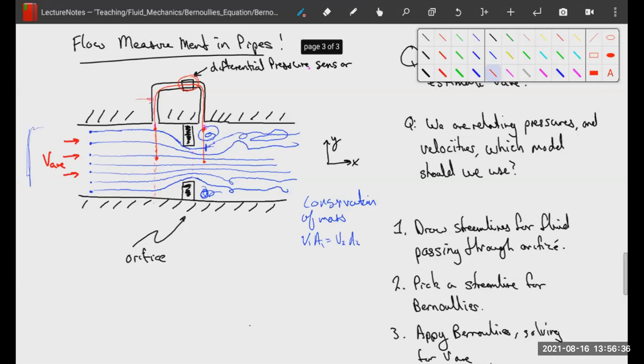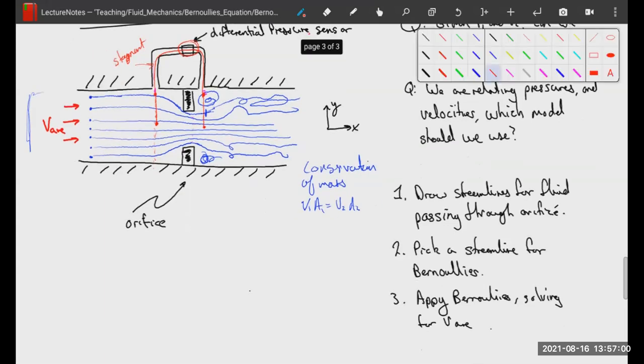The liquid in here is stagnant. And as a result, the fact that we have a thin metal diaphragm or thin plastic diaphragm doesn't actually affect the system, and we can basically draw a streamline that goes all the way through it. It's just really an example of how resilient the Bernoulli's model is towards breaking the assumptions that are used to derive it.